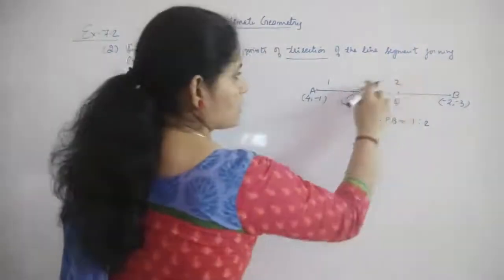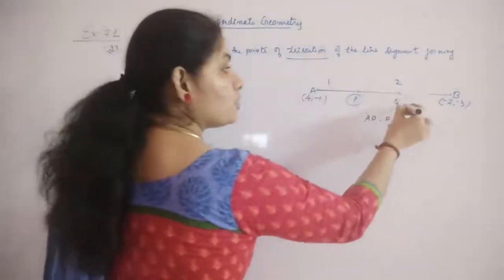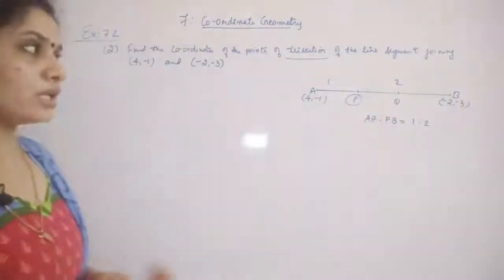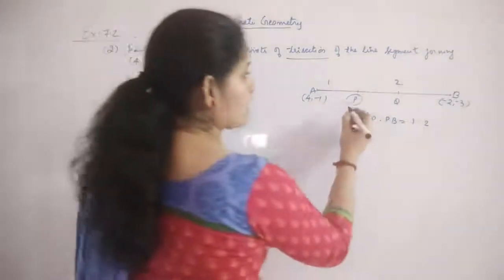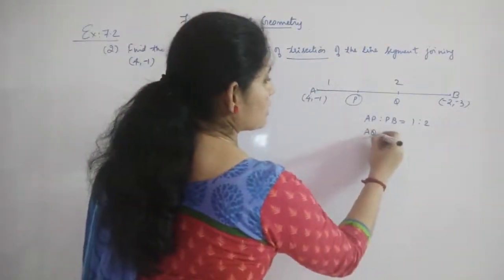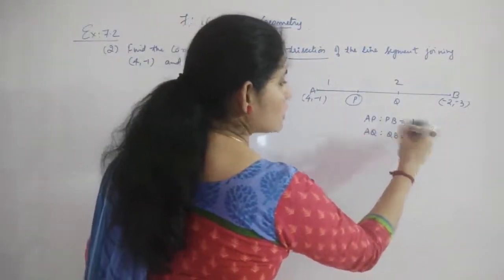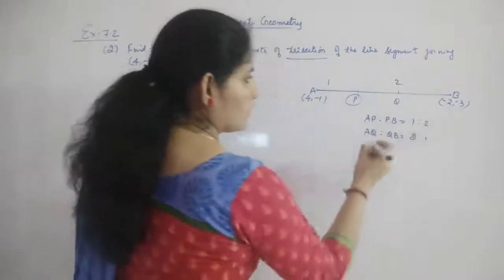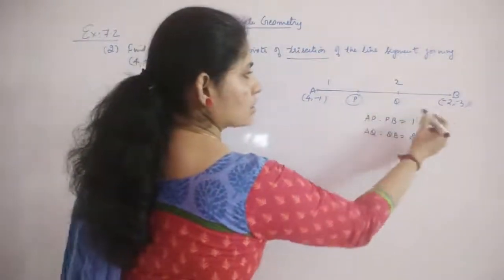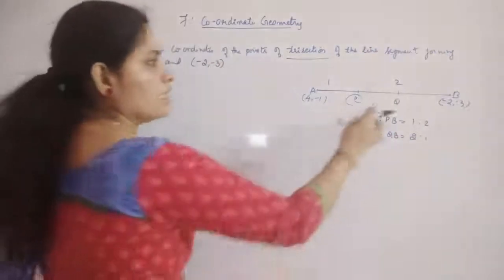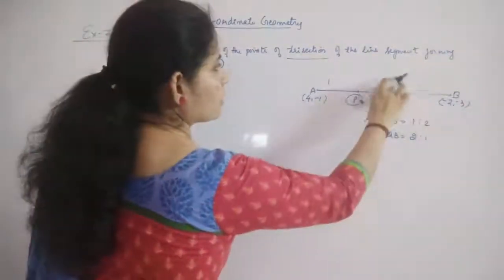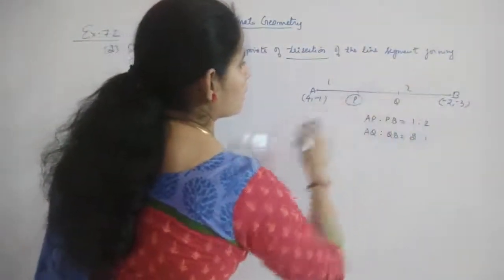Now, if you are finding the coordinate of Q, at that time you have to take the ratio AQ is to QB as 2:1. That means this much will become 2 and this is your 1. So first we are finding the coordinate of P.